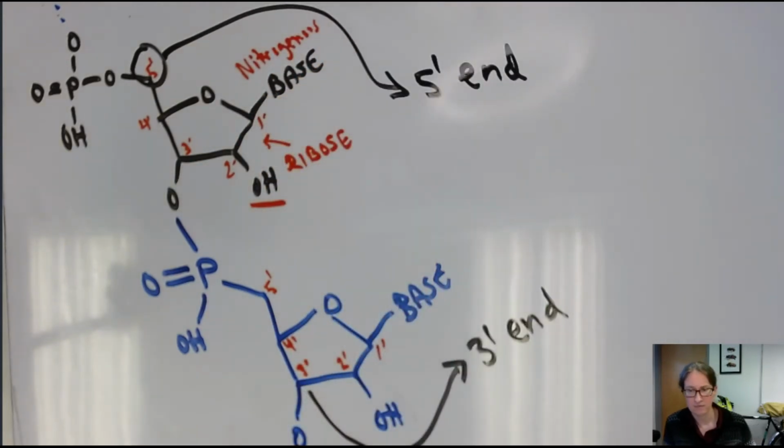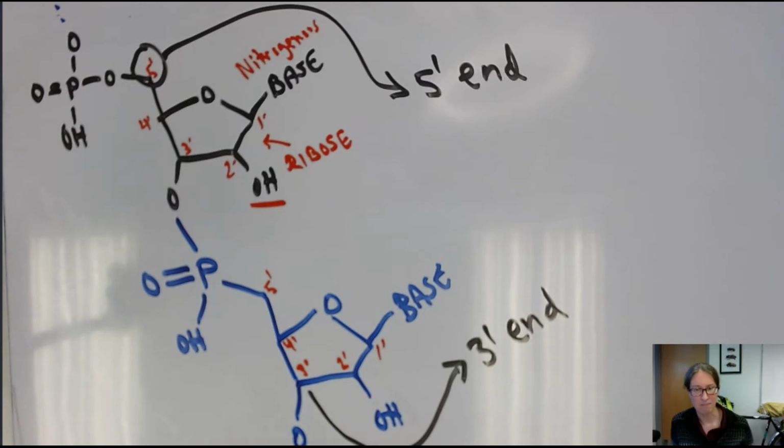Okay? And this labeling scheme, which orients you to the direction of this DNA molecule, is going to wind up being important down the road. So I think it's helpful to just see where that comes from now and understand why that is the way that it is. So that's a linear component to the organization.